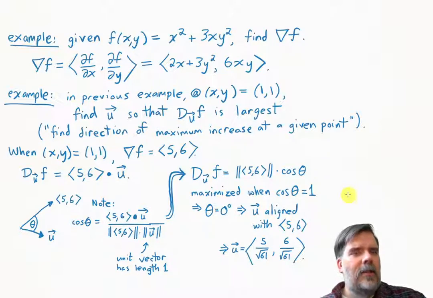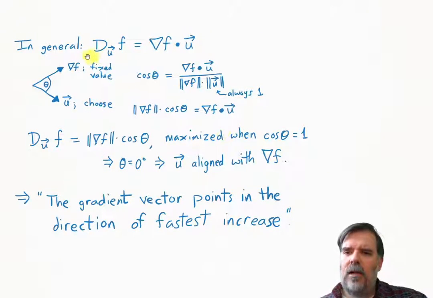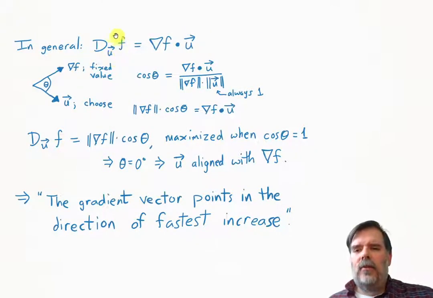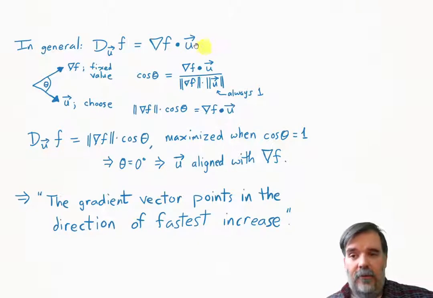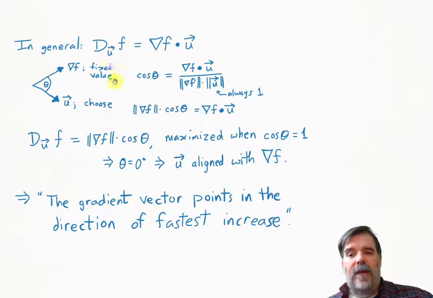And this generalizes easily as well. In general, the directional derivative of a function can be written as the gradient dot product a unit vector. And we still have this same diagram. The gradient is a vector, and that's going to have a fixed value, because we're evaluating the gradient at a specific point.